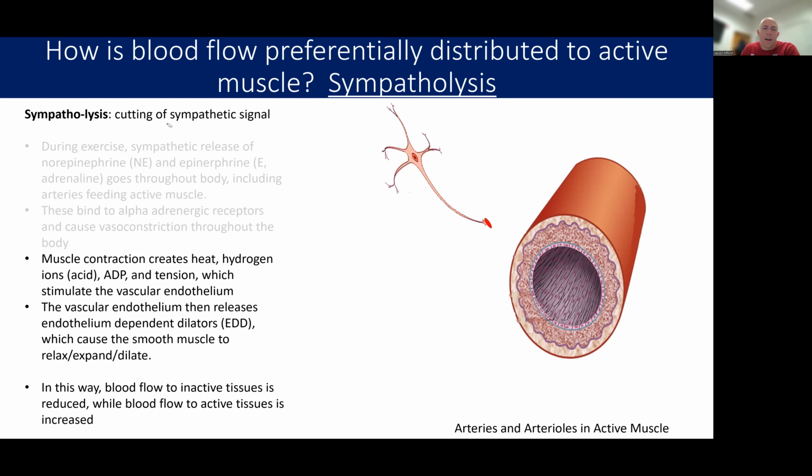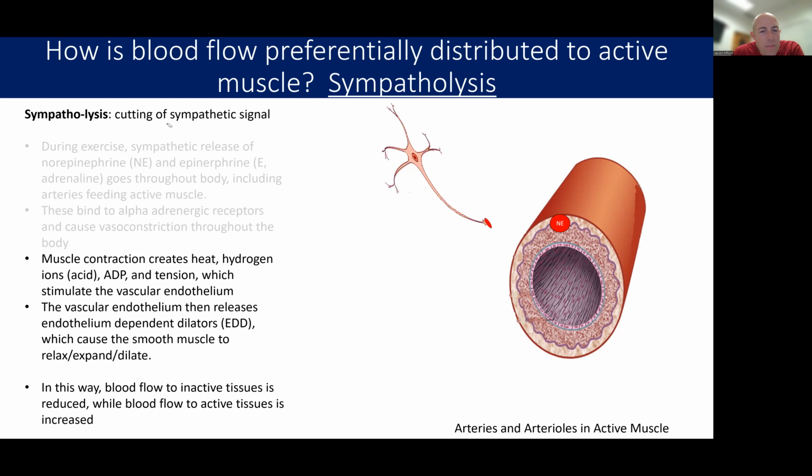So what's going to happen in this scenario is when you're in your active muscle, you're going to get that sympathetic signal. You're going to have norepinephrine released, and it's going to be going to the smooth muscle. But simultaneously, the exercise itself is going to produce metabolites that we've talked about all semester. They're going to produce heat, hydrogen ions or acid, ADP, tension, friction.